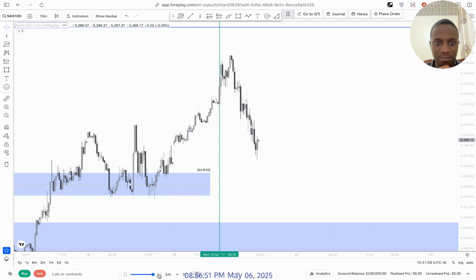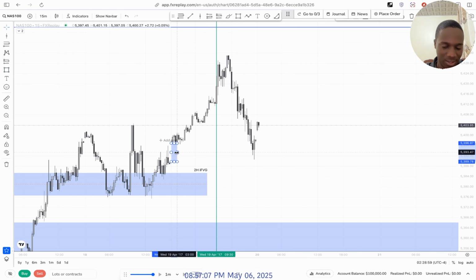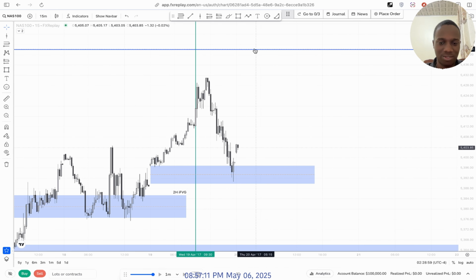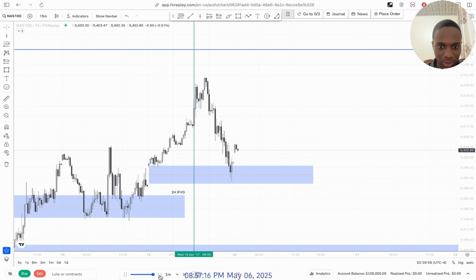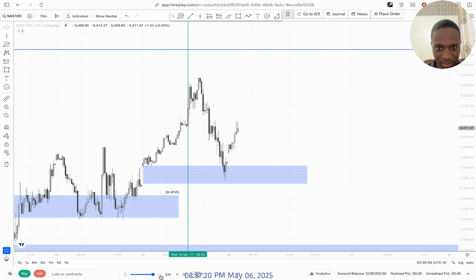You can see in the end we dropped to the imbalance right here. So you can never know when the market retraces to it, but this would also be a good confirmation for us to enter buys. This is a good imbalance right here, and we take a buy towards this previous week's high. So let it drop a bit into this one, and then we buy again.